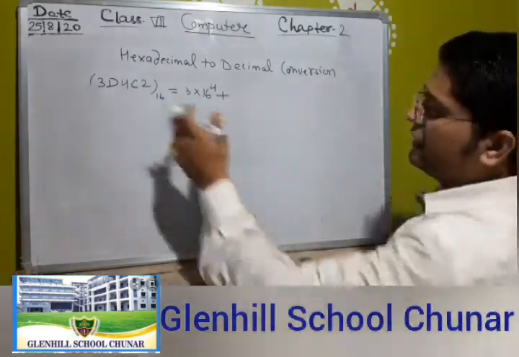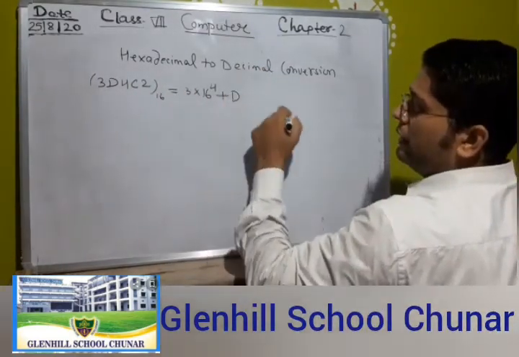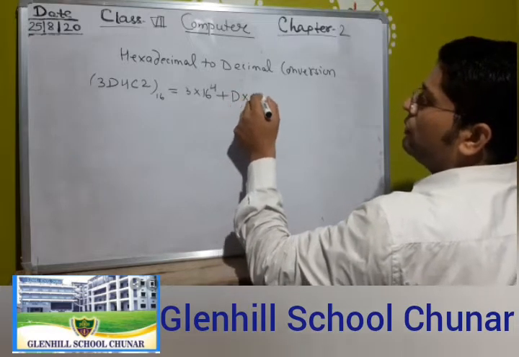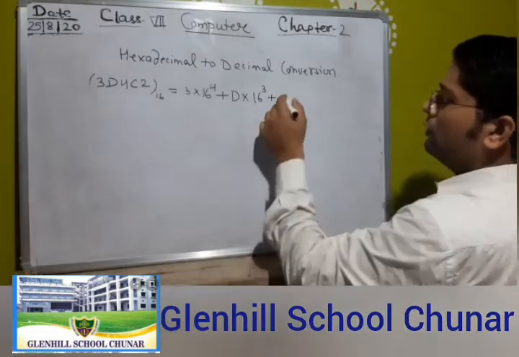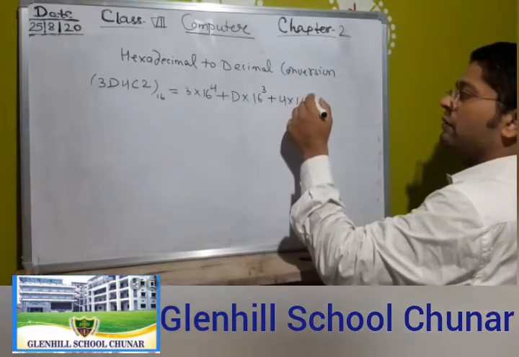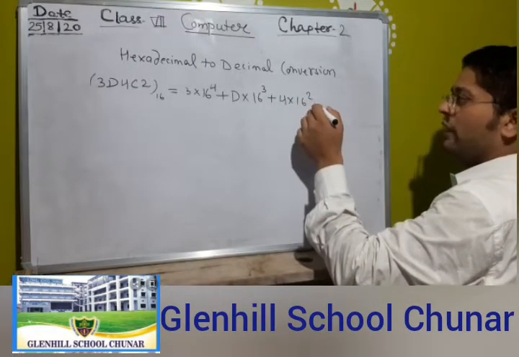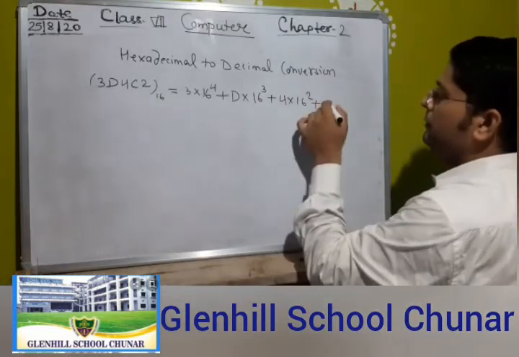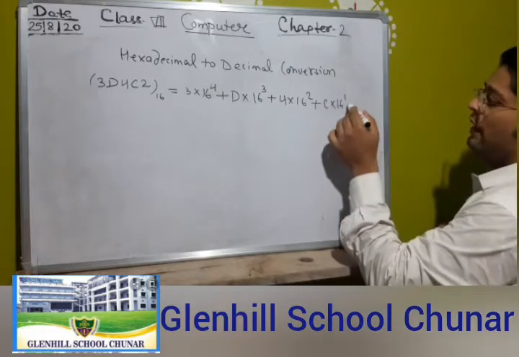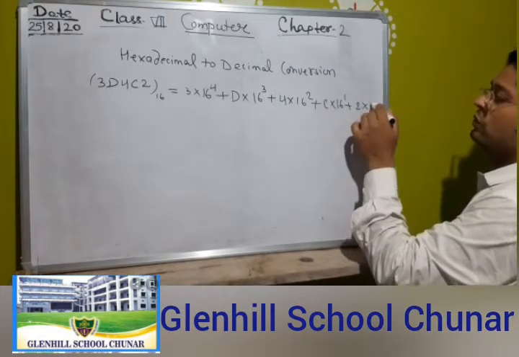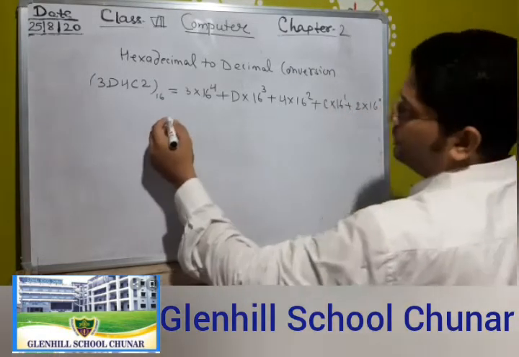Okay, and next number D into 16 power 3. Next number 4, 4 into 16 square plus C into 16 power 1 and plus 2 into 16 power 0.